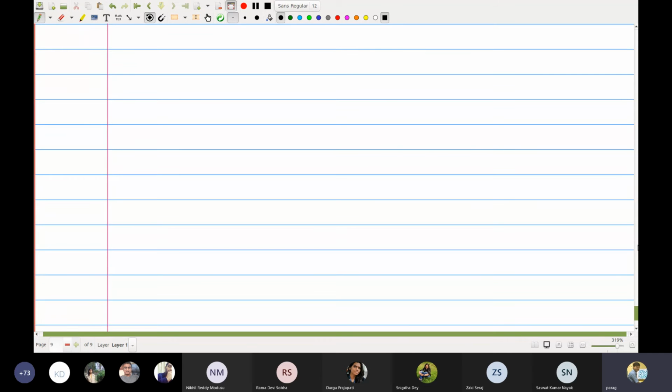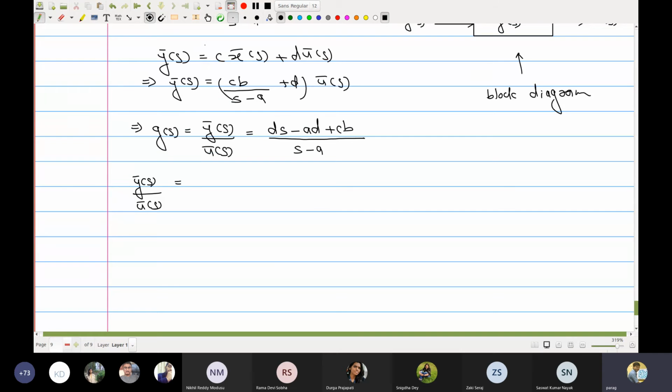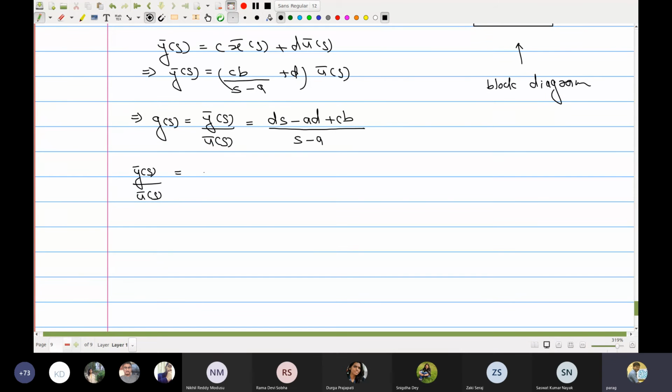Okay, so what was our final expression? Y bar of S by U bar of S, right? So this was ds plus cb minus ad upon s minus a, which means this can be written as, now look at the steps carefully.